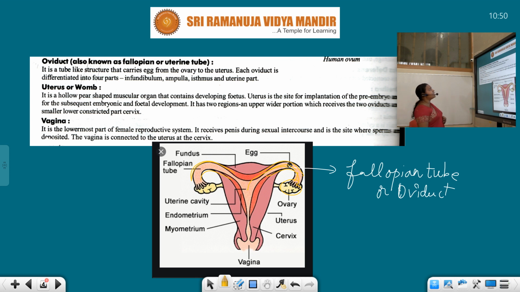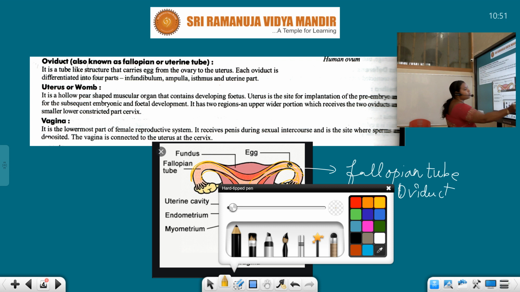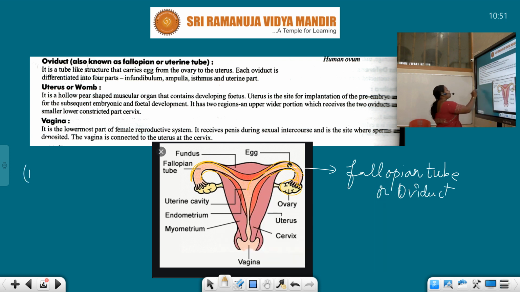Each oviduct is differentiated into 4 parts: infundibulum, ampulla, isthmus, and uterine part. See that, students. This is the fallopian tube, and it is divided into 4 major parts. What are those? The first one is infundibulum. Very important, students.